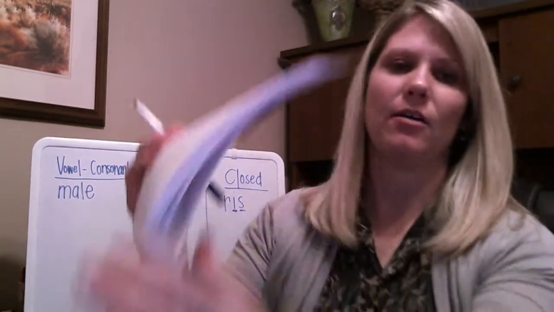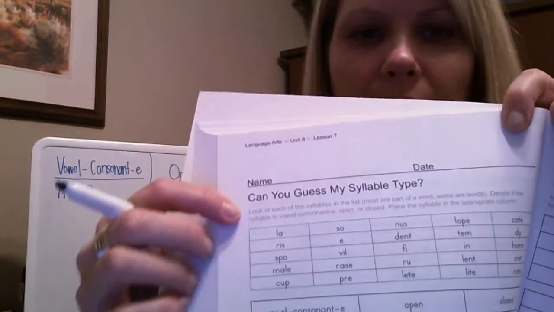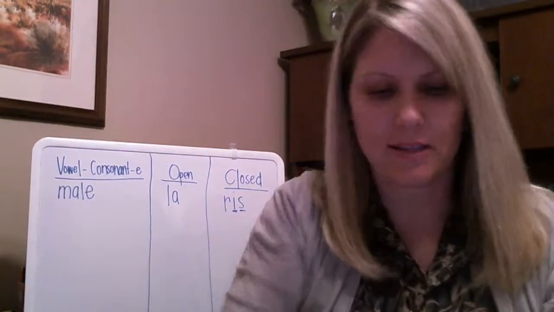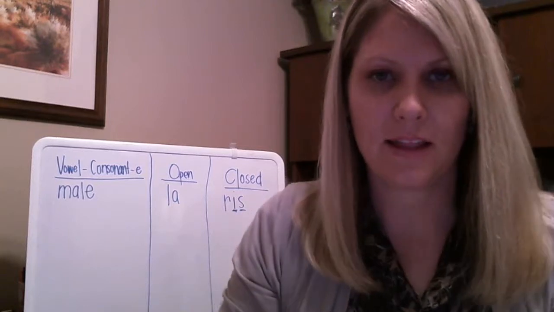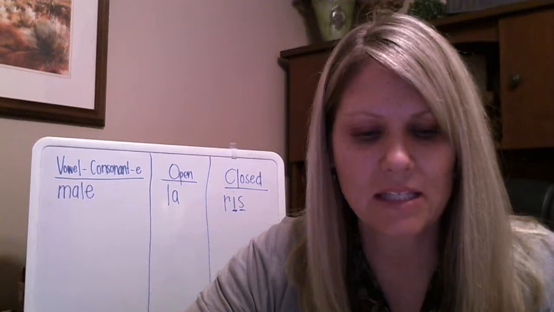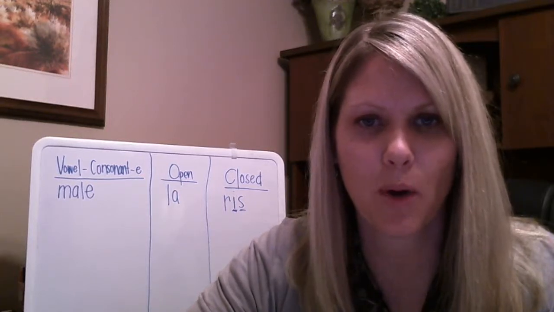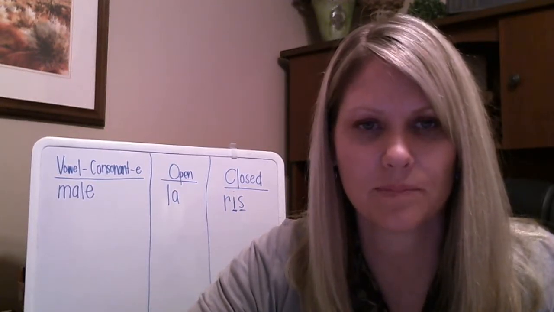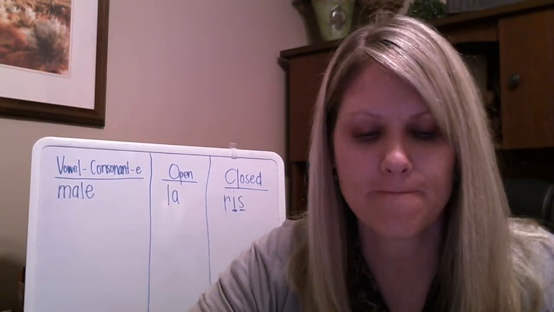Let's do a couple more. Let's keep looking down this row. Okay, we've done the lay and we've done ris. The next one is S-P-O, and that is spo. The syllable spo, okay?